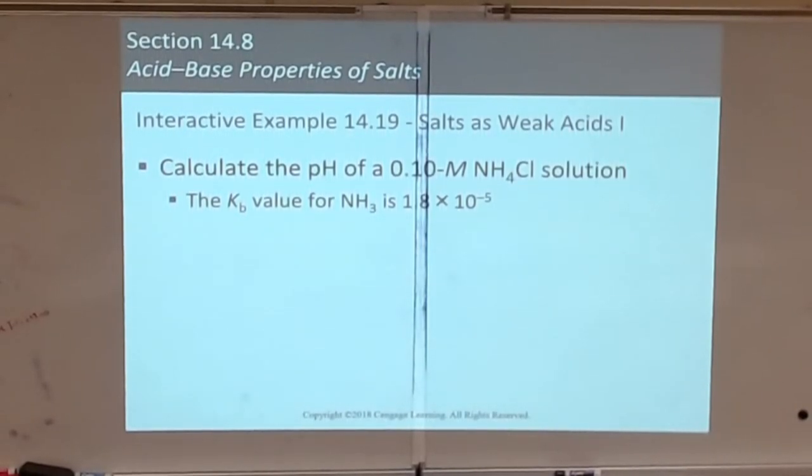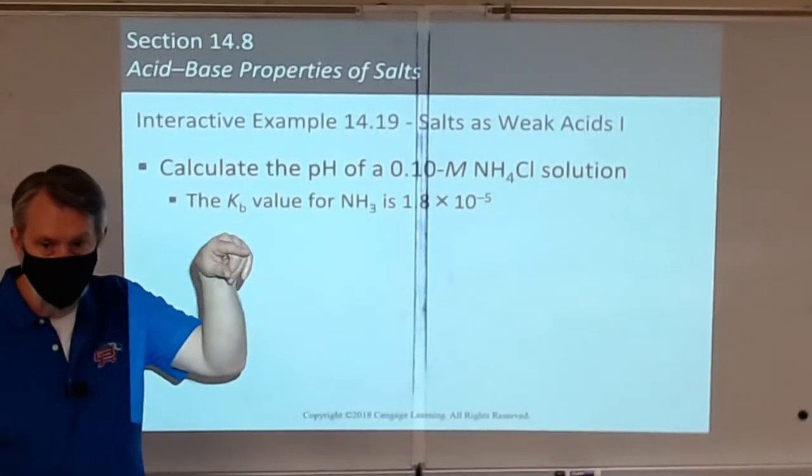Y'all good? The Kb value for ammonia is 1.8 times 10 to the minus fifth. Remember what we talked about with ammonia. Ammonia acts as a base. Is it a strong base? No. Because remember, you know your strong bases, right? Your 8 strong bases.